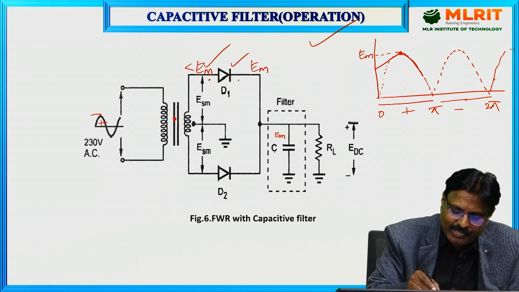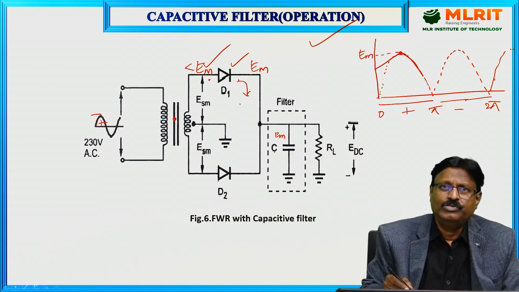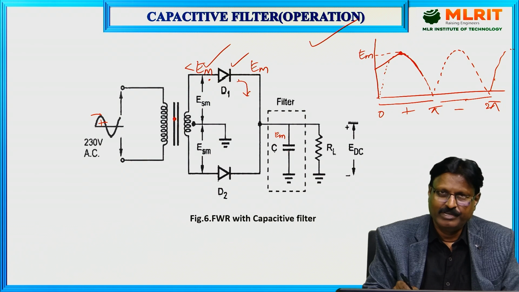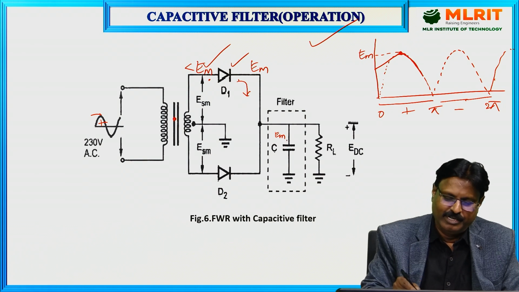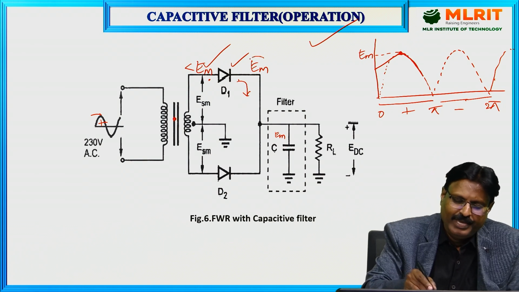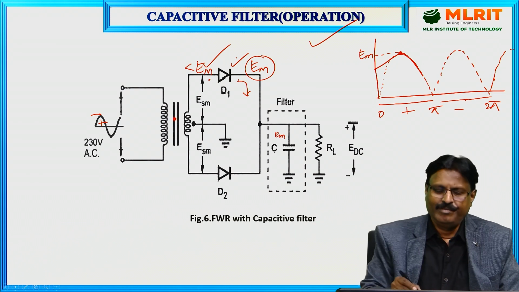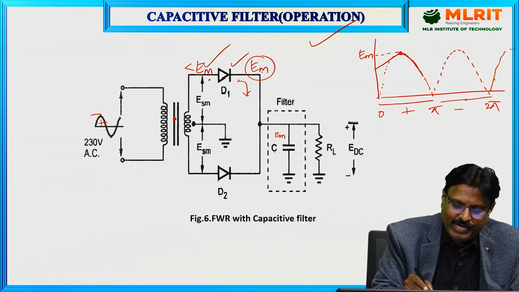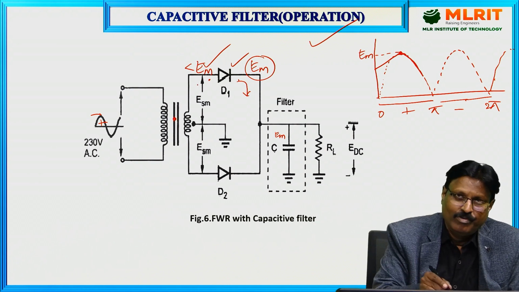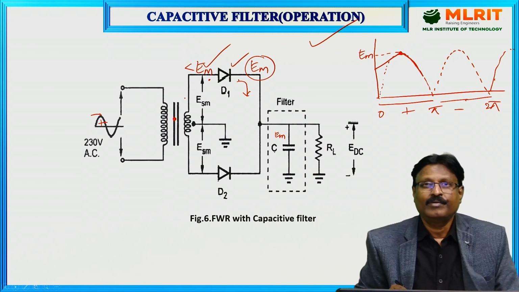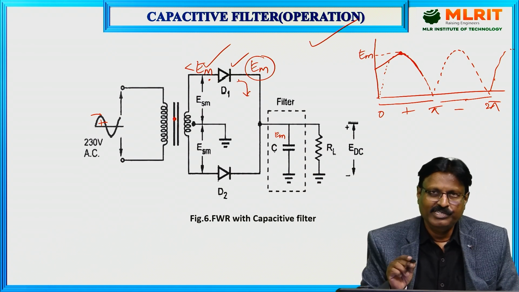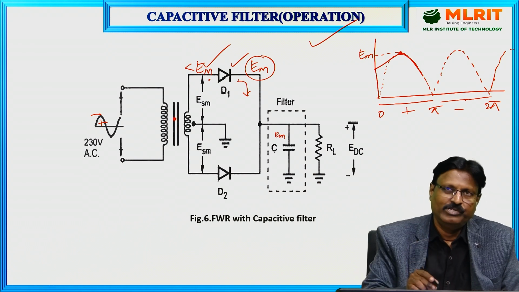So here the anode voltage of this diode is less than EM. And if you observe the cathode voltage, which is held constant by this capacitor, which is under charging mode, it will be equal to EM. As you can see here, the cathode voltage value is EM and the anode voltage value is less than EM. Whenever the cathode voltage is higher when compared with the anode voltage, what happens to the diode?